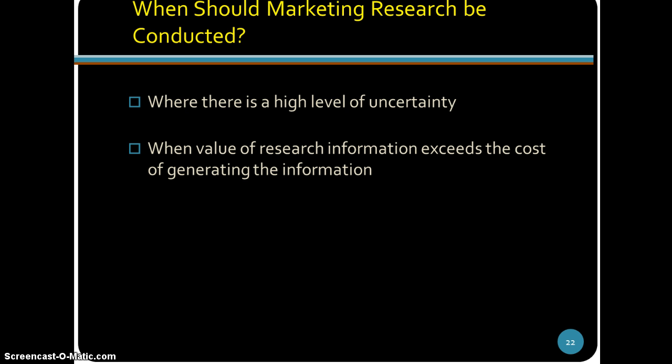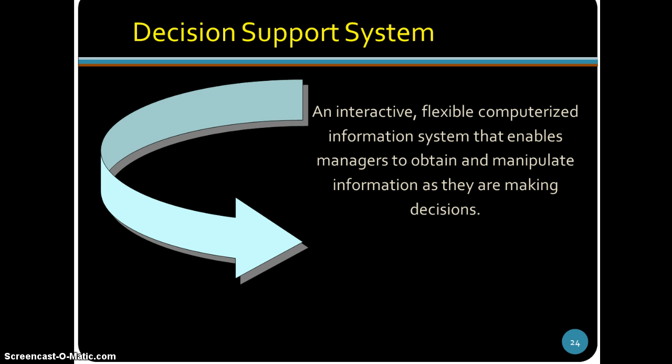So when should marketing research be conducted? Under these two conditions: when there is a high level of uncertainty, so the market is turbulent, competitive intensity is very high, there's just a high risk of making a decision devoid of any supportive data, or where the value of research exceeds the cost of generating the information. So those are two conditions under which a marketing research study should be conducted.